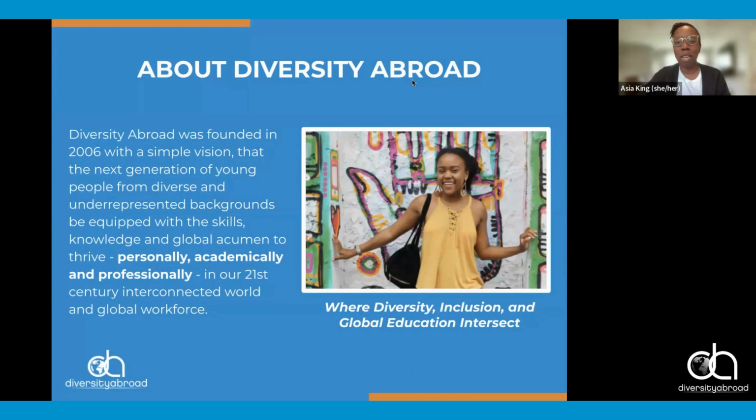So Diversity Abroad, we have grown since then. We have kind of a dual side of things. We have our professional side, which is really focused on professionals who work in international education and support student populations. And then we have our student side, which is what we are here talking to you about today.